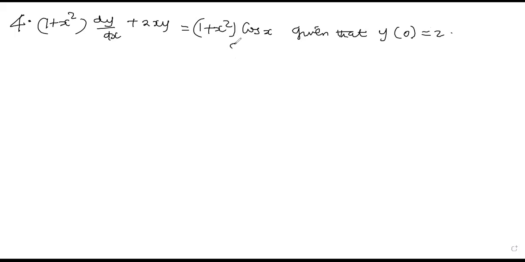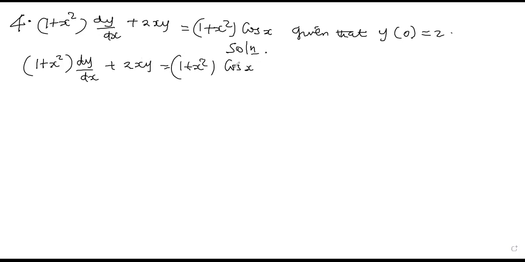So part of the solution of this: the moment you don't see dy/dx alone, you need to first divide through. We are given (1 plus x squared) dy/dx plus 2xy is equal to (1 plus x squared) cos x.